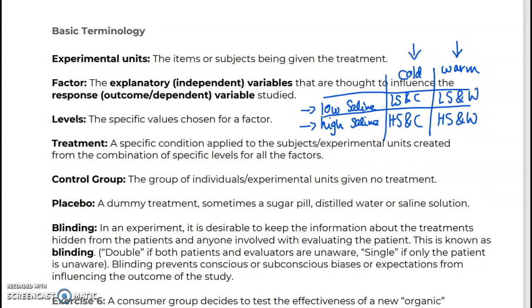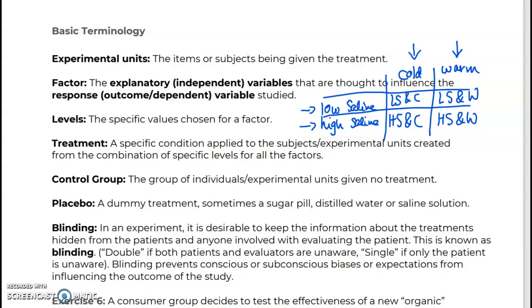Blinding in an experiment means that the patient doesn't know whether they're receiving the treatment or the placebo. Double blinding is if both the patient and the person administering the treatment do not know who's receiving the treatment and who's receiving the placebo.